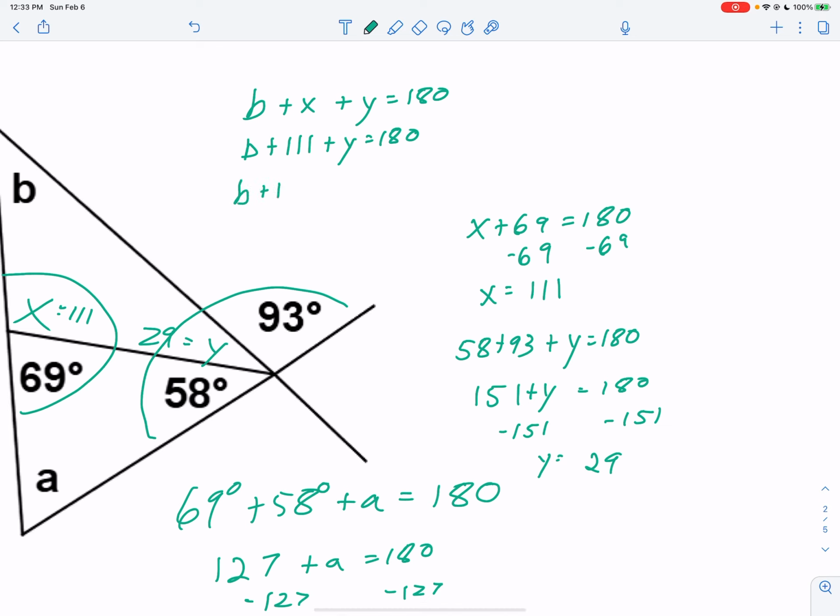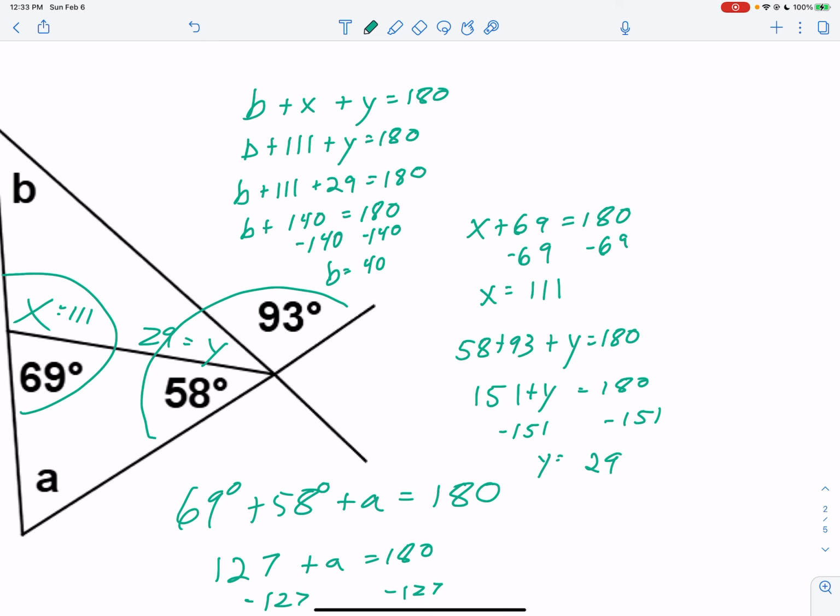So B plus 111, that's X, plus, now we have 29 for Y. So B plus 111 plus 29 is going to be 140. Subtracting off 140, B equals 40 degrees.